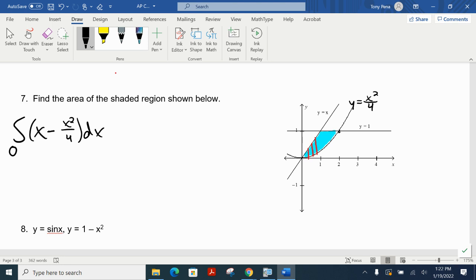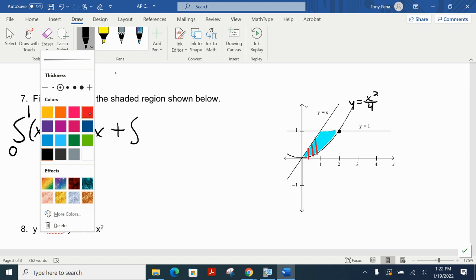This area ends over here at 2. If I put 2 right here, is this relationship true the entire time? No, that is only true starting at the 0 until we reach what x value? 1. So even though there's only one area, this still requires 2 integrals because that top curve changes.